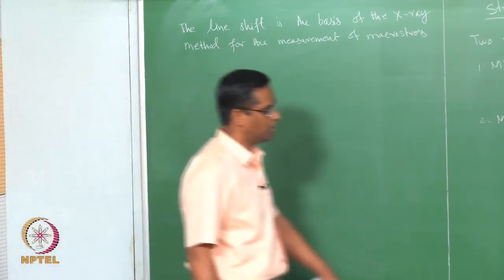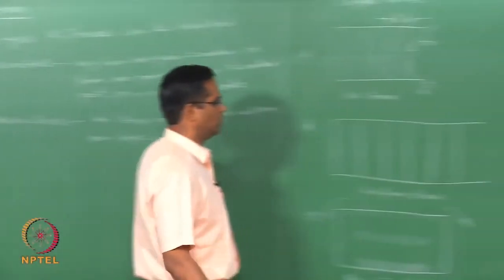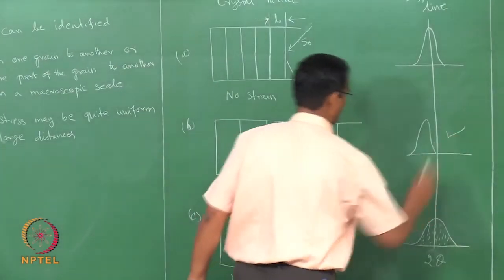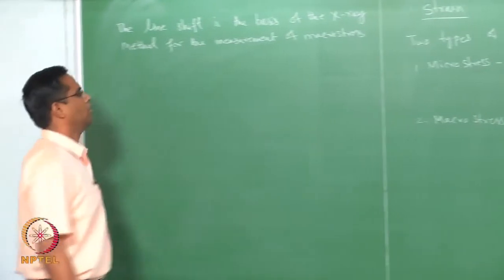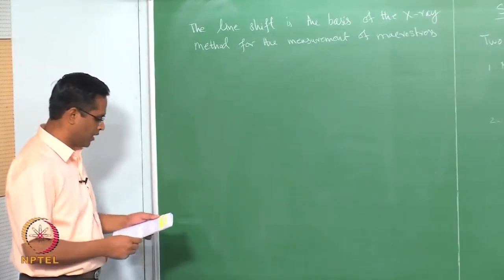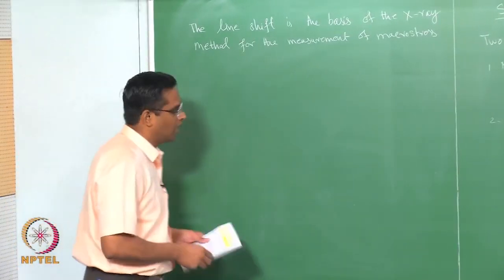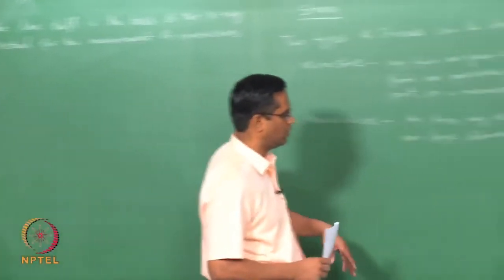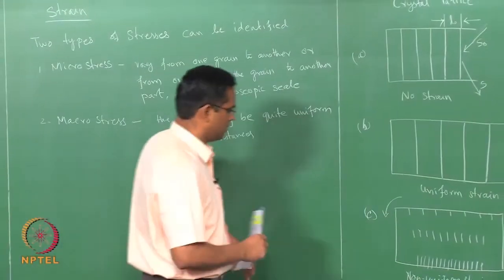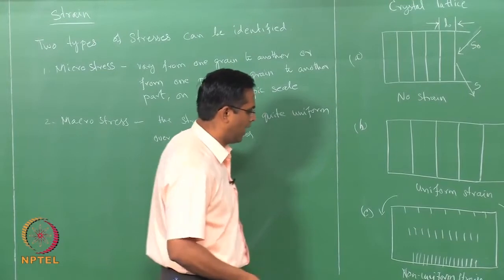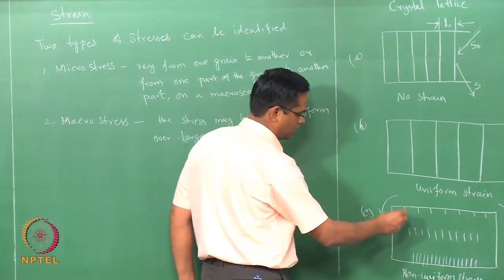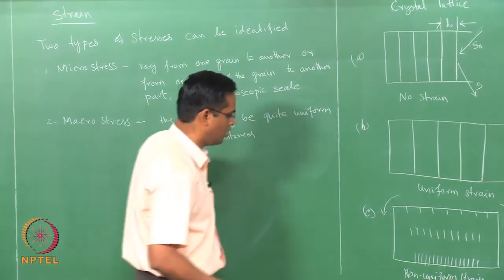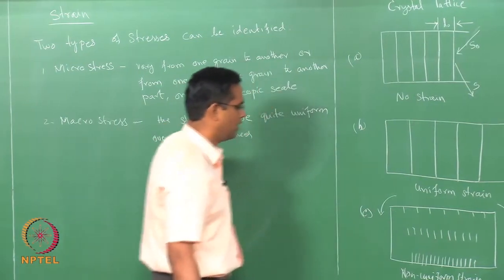That is the fundamental information one should keep in mind. Because of this, X-ray methods are used for measuring the macro stress. And then, like I said, in this particular case you have d more than d naught, and here d is less than d naught, and somewhere in between it is equivalent to d naught.